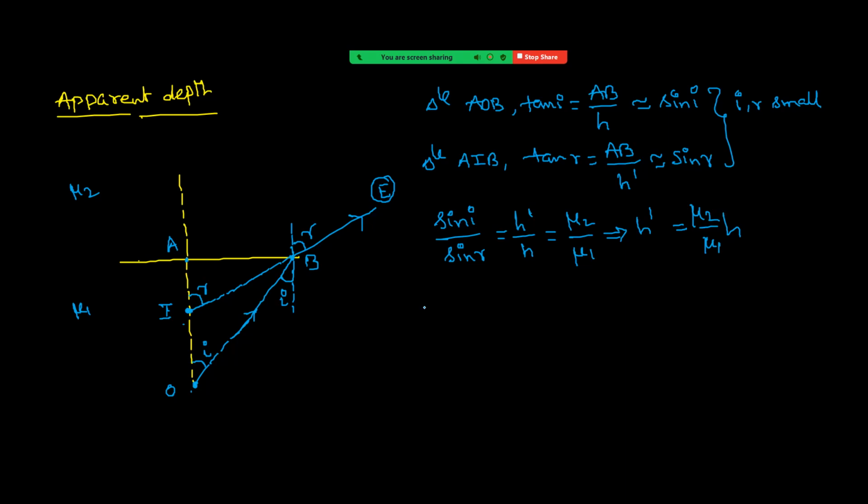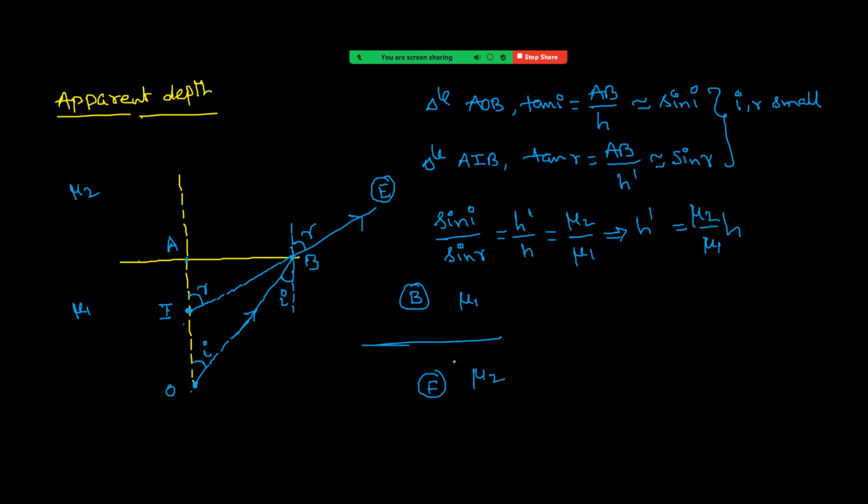Now take the reverse. There is a fish and here is a bird. Fish is now looking at the bird. Then the bird becomes the object. Light rays coming from the bird reach the eyes of the fish, meaning light rays travel from rarer medium to denser medium. To avoid confusion, this is mu1 and this is mu2.